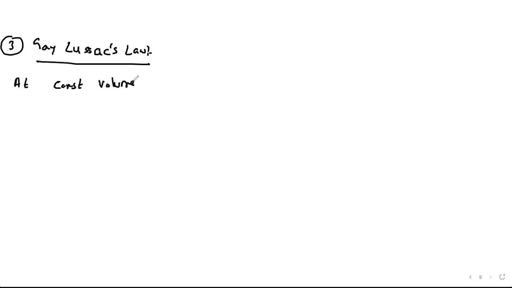The next is Gay-Lussac's law. Fazil, what is Gay-Lussac's law? The number of molecules is directly... No, no, that is Avogadro's law. Sorry, sir. At constant volume, pressure is directly proportional to temperature.